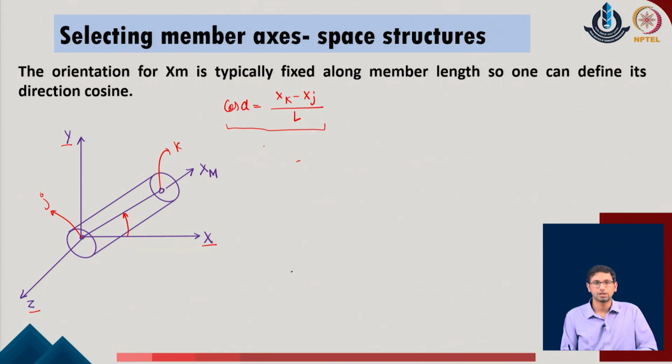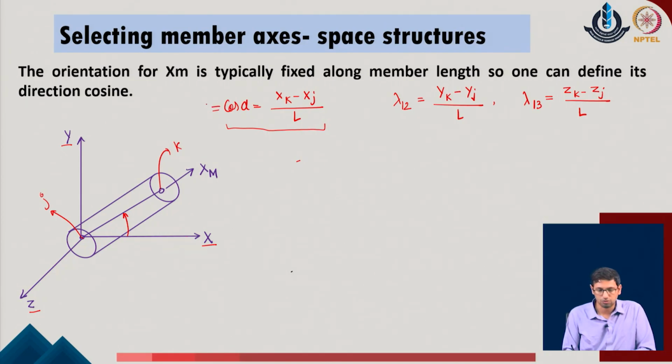In the same manner, if I go with the second, the member axis xm, the angle with respect to the y axis, which we define as lambda of 2 1 in the given problem, we realize that this lambda of 2 1 will also be easy to evaluate, and that will be y of k minus y of j divided by L. And finally, lambda of 1 3 we can again evaluate as the component of this member axis coordinate along the original axis z of the system, and that could be defined as z of k minus z of j upon L. So, this is an easier way to identify at least the direction cosines, which we can also call lambda 1 1.